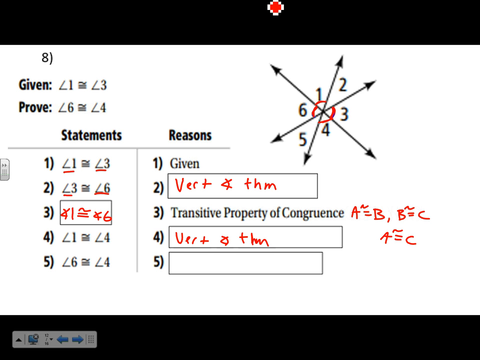That's going to be the transitive property again, because it's written a little bit backwards, but if angle 1 is congruent to angle 6, and angle 1 is congruent to angle 4, that means 4 and 6 are congruent. So that's going to be the transitive. If you just put transitive property, that's fine. Technically, it's of congruence, not equality, but that's okay. And I realize that should be TRANS, but that's okay.